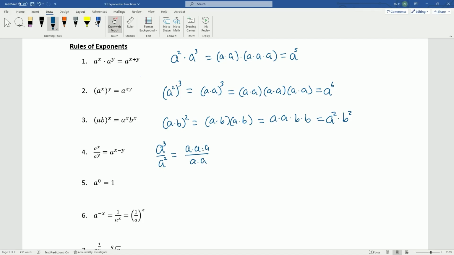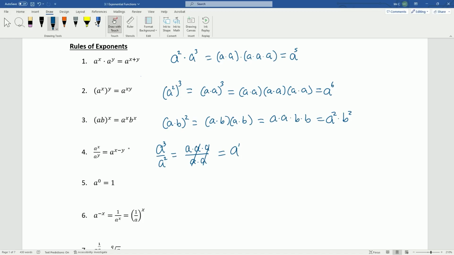But as long as we have things that are just factored products, we can cancel each matching factor on the top and bottom. So for each factor in the denominator, I was able to remove 1 factor in the numerator. So that's 3 factors minus 2 factors leaves me with 1 factor, a to the 1st power. So that's why a to the x over a to the y can be written as a to the x minus y.